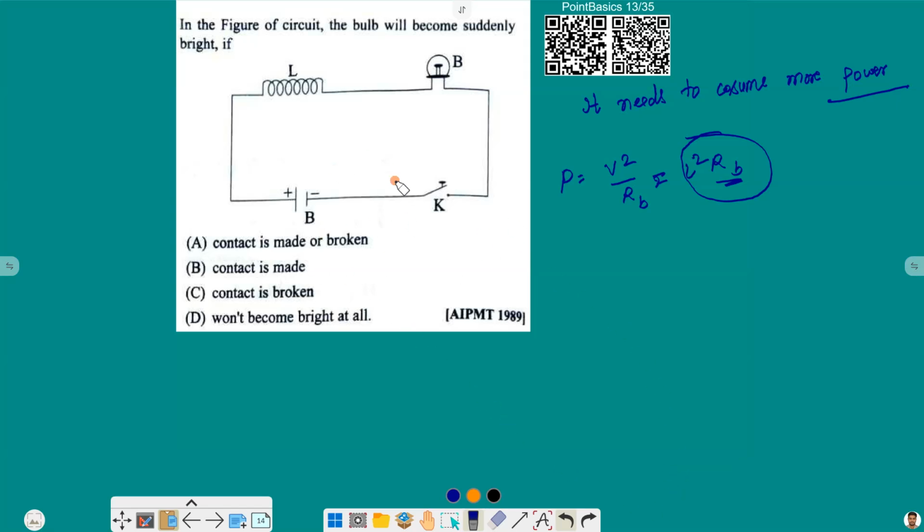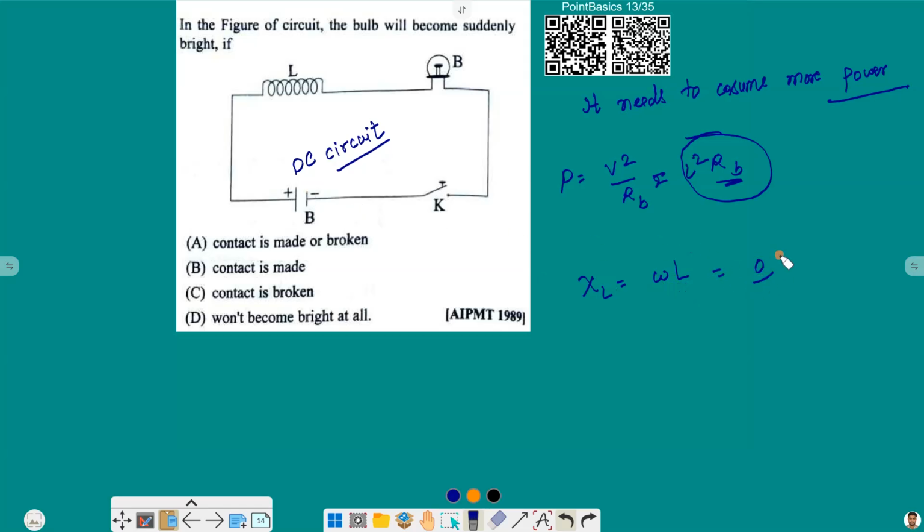Now, if we examine the circuit, we can see this is a DC circuit. We have a battery here, and the resistance offered by an inductor is known as X_L, which is omega times L, where L is the value of the inductor. For DC, frequency is 0.